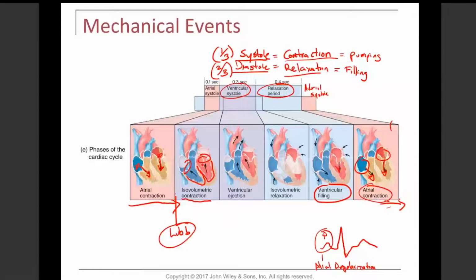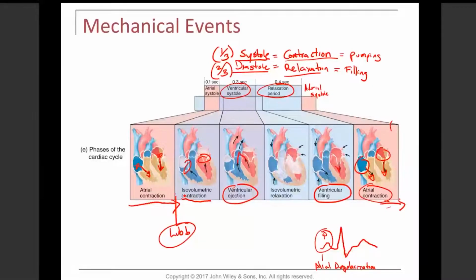So ventricular systole is associated with ventricular contraction. As these ventricles start to contract, the space down in here gets smaller and smaller, so the pressure increases. The pressure inside these ventricles increases. As that pressure increases, that blood is going to want to flow somewhere, and the only way for it to flow is out of the heart. We call this phase ventricular ejection, okay?